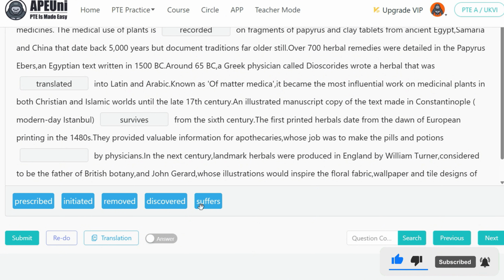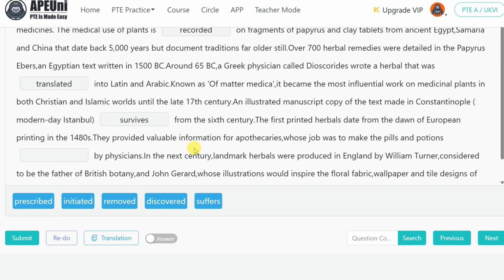Suffers means experiencing damage or hardship, which doesn't fit the meaning of surviving, right? So the right option is survives. Also, if you try to understand an illustrated manuscript copy of the text, right? We do have a subject. That's why we are using present tense. Make sense for you guys?